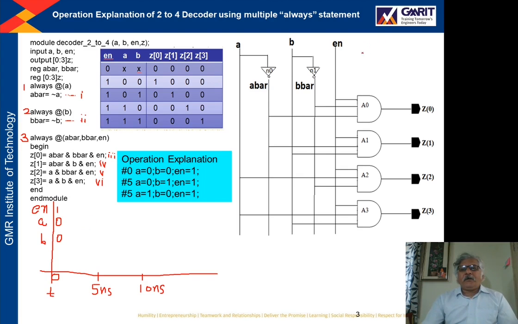So this enable is 1 here, 1 here, 1 here, and enable is 1 here. A is 0, and B is 0. Since A is 0, here you have 0 and here you have 0. B is 0.